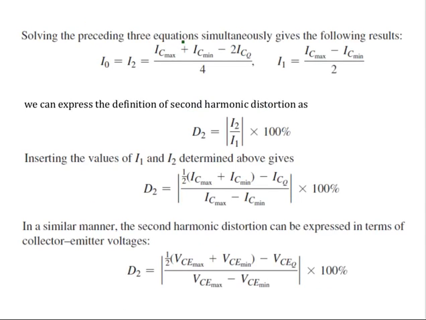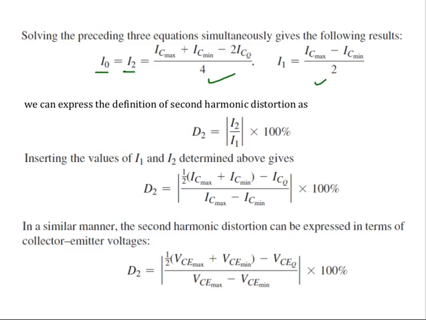From these three equations, if you solve simultaneously, it will give you these results. I0 will be equal to I2, equal to (IC max plus IC min minus 2ICQ) by 4, and I1 is equal to (IC max minus IC min) by 2. Now suppose this waveform was distortion-free.